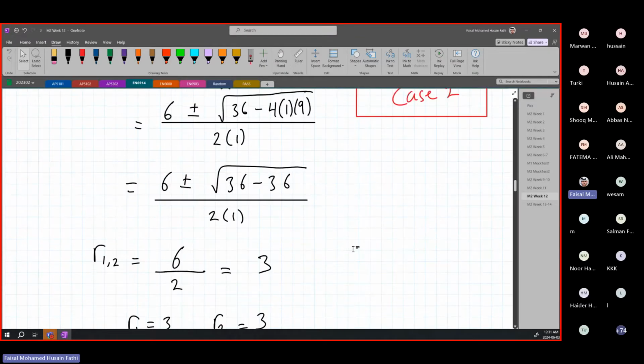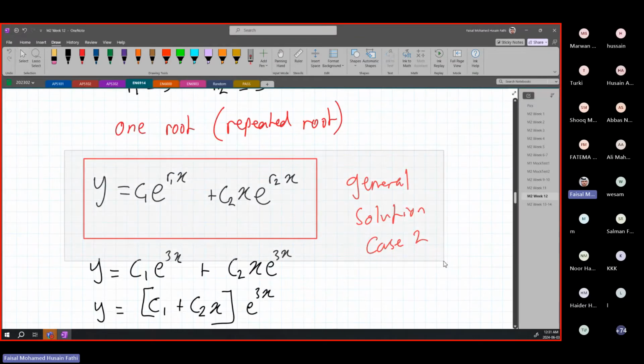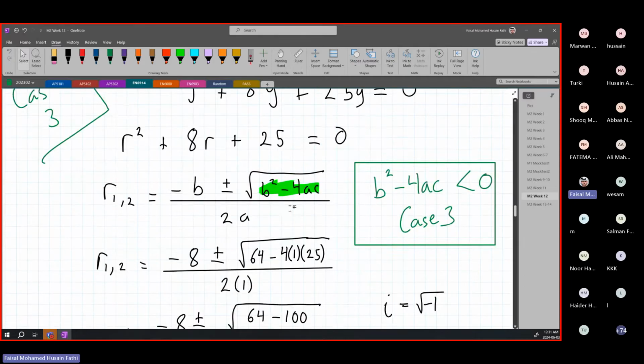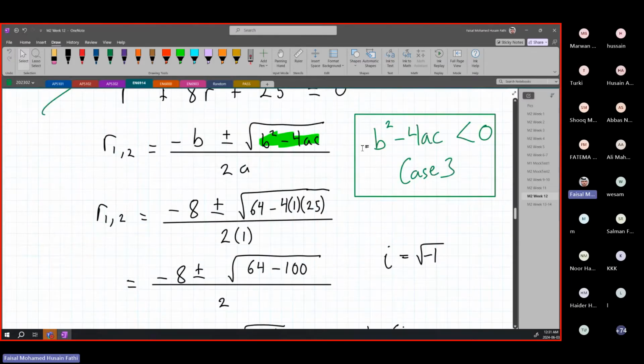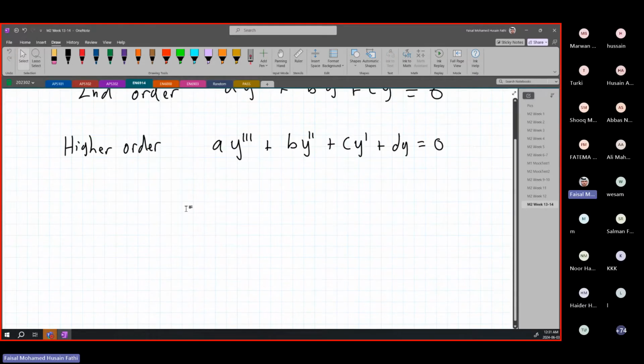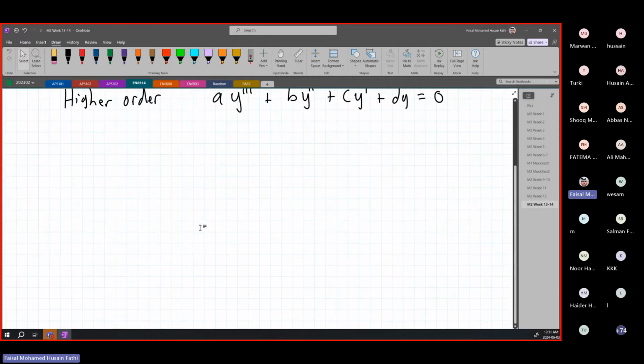We had this general solution for when we had one root or a repeated root, in other words the same number for both roots. And then we had case 3, which is complex roots. It is the same cases for the higher order. But what differs in higher order? We're going to have one additional case, which I'll go over in a bit. But first, let's look at the first three cases again in higher order.